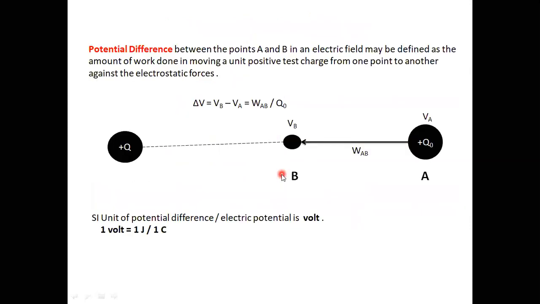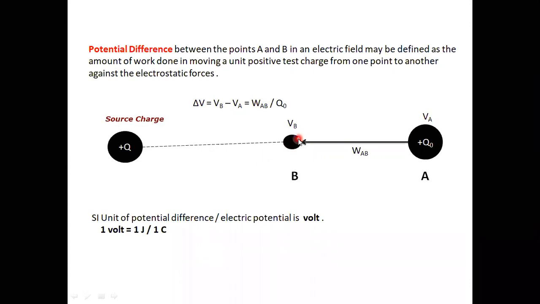Next, we are going to discuss potential difference. Potential difference is nothing but the difference of electric potential between two points. As you can see in this diagram, you have this plus Q charge, and you have these two points, A and B. Since this is my source charge, it is generating my electric field.